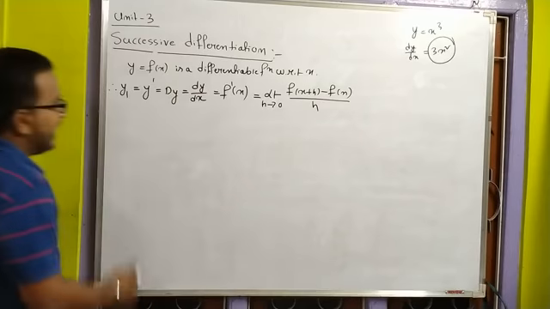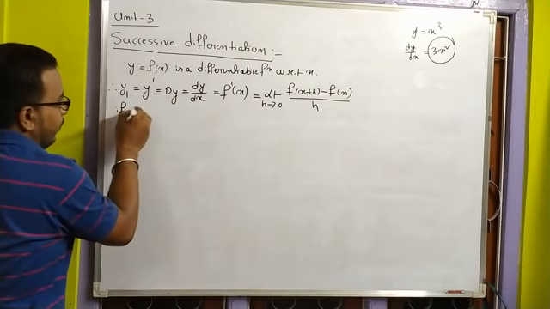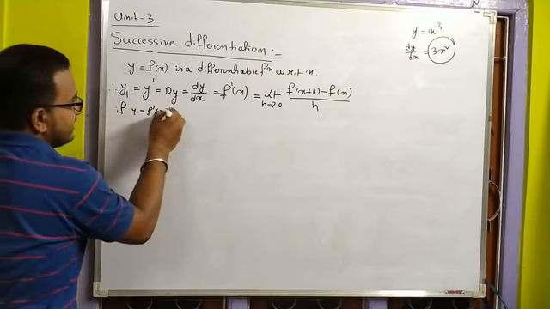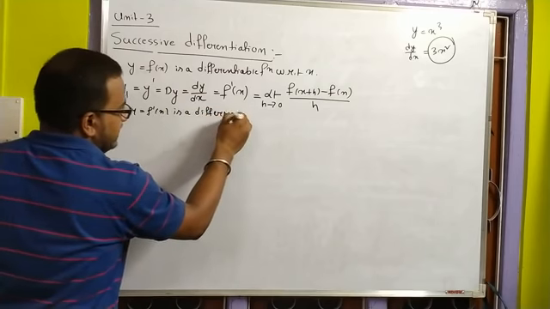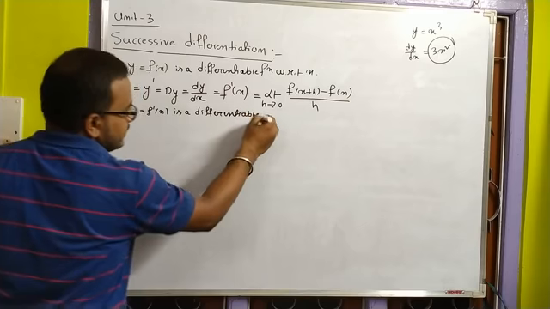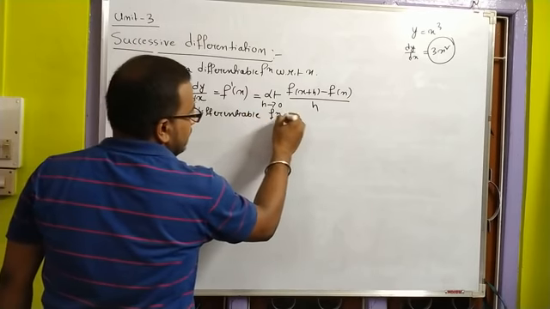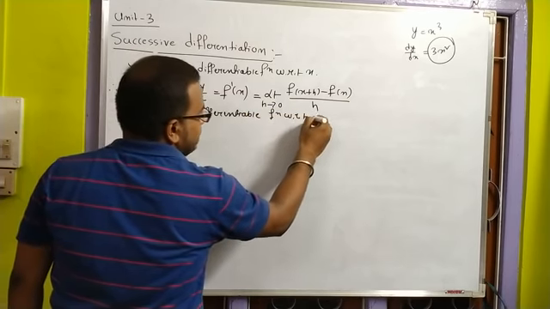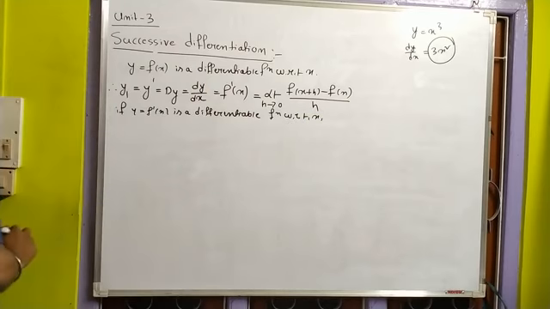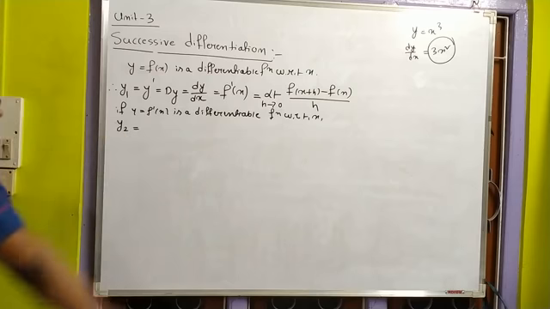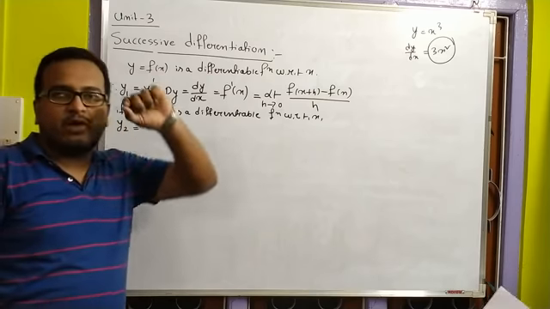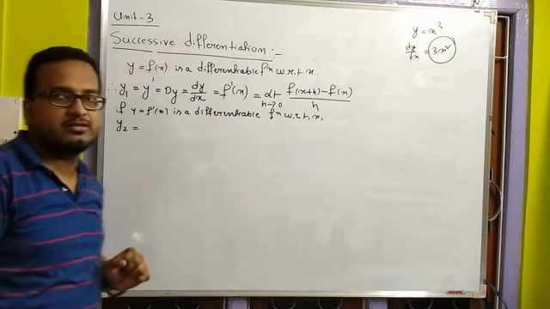So if y equals f dash x is a differentiable function with respect to x, then again we can write, y1 will be replaced by y2, and this y2 denotes the second derivative of the given function y equals f(x).